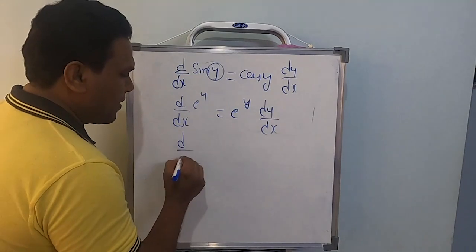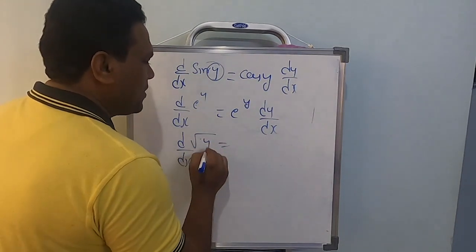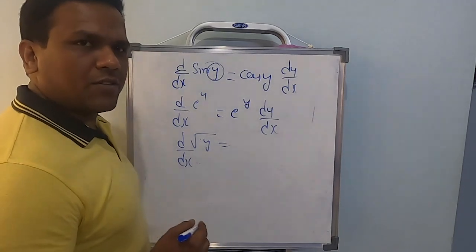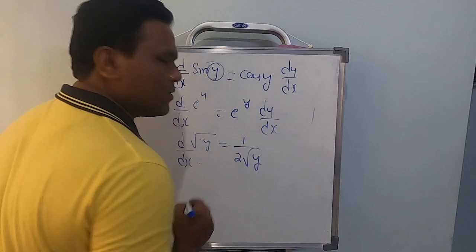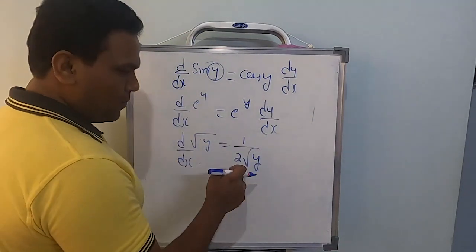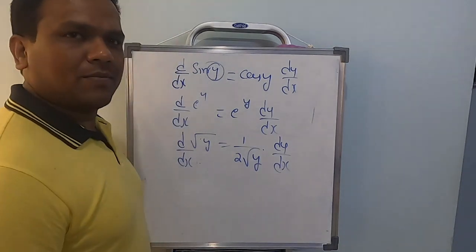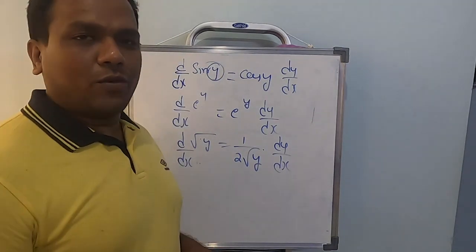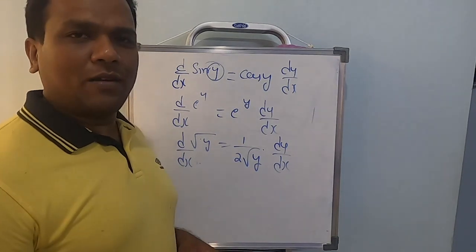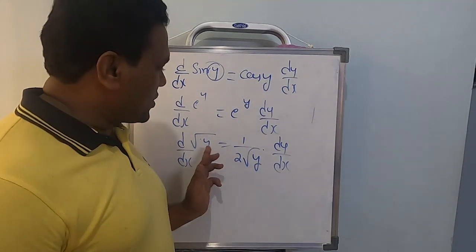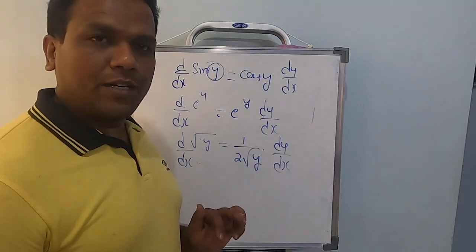And now if I have differentiation of root y, just similar to root x: what is differentiation of root x? 1 by 2 root x, but here it is y. So differentiation of root y is 1 by 2 root y, multiplied by dy by dx. So no such new formulas are we going to invent. Whatever we have studied till now, the same formulas will be applied, but after differentiation, for a term of y, which is similar to x differentiation, dy by dx has to be written.